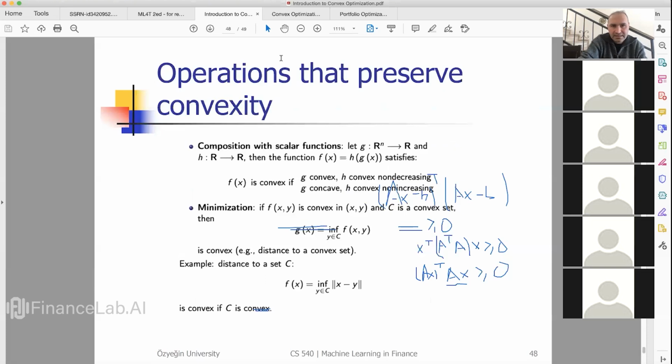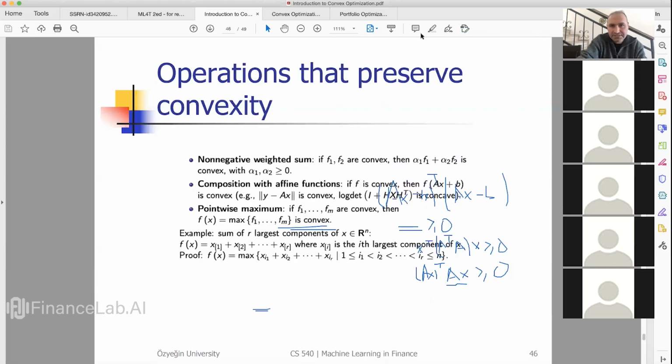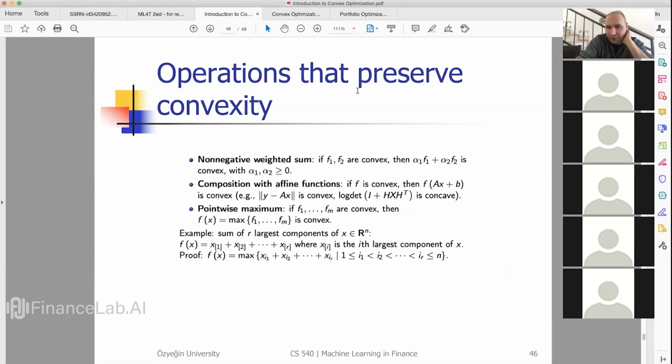And there are some operations that preserve convexity. A non-negative weighted sum of convex functions is convex. So for example, if we have f1 and f2 that are convex, then alpha 1 f1 plus alpha 2 f2 is also convex. If f is convex, then an affine transformation of the function, f(Ax plus b), is also convex.